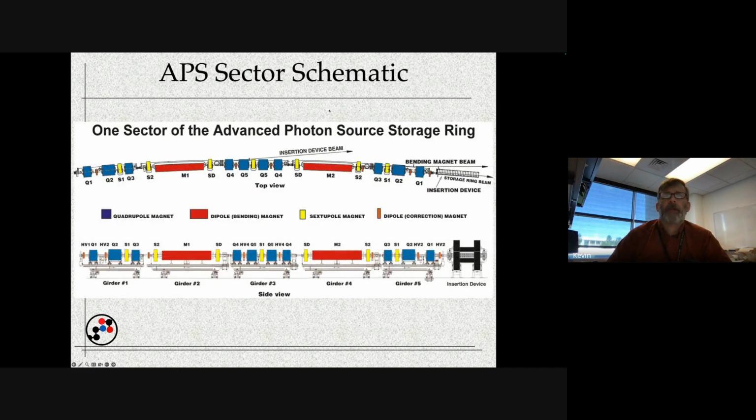And just an example of a sector for this. The colored boxes on this are representations of magnets in the storage ring, and everything that happens is determined by electromagnets, or in some cases now permanent magnets, because they can make permanent magnets much better.